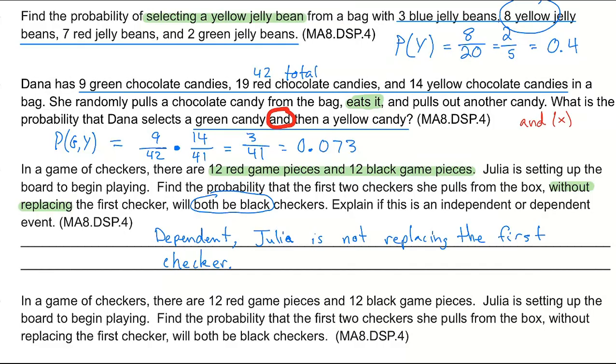Julia is not replacing the first checker, so she's going to take that out, and that's going to take away one of the total amount of checkers left in the box.